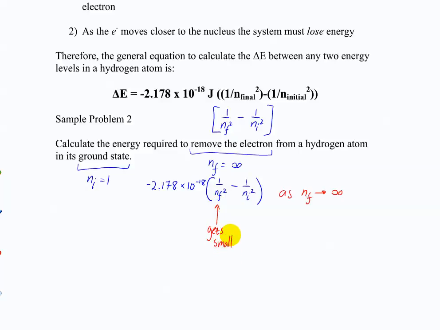So as the bottom NF gets super, super big, that whole term kind of tends towards 0. So as NF goes to infinity, this quantity 1 over NF squared minus 1 over NI squared becomes 0 minus 1 over NI squared, or just negative 1 over NI squared.